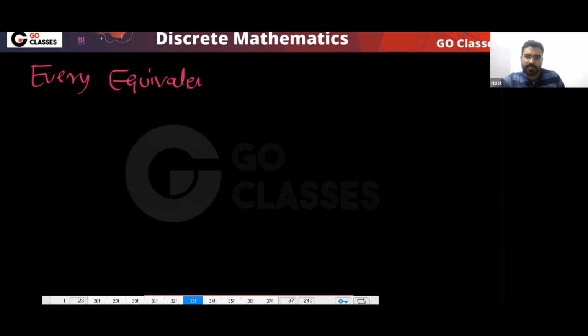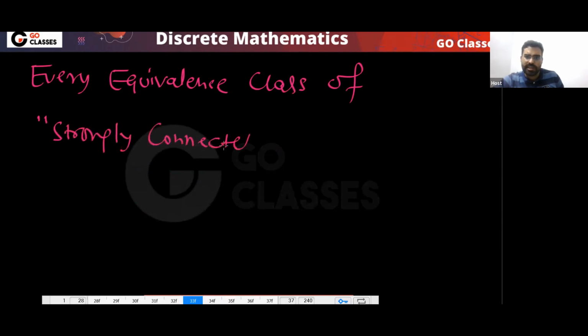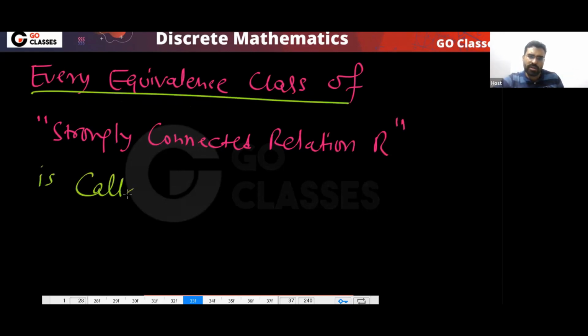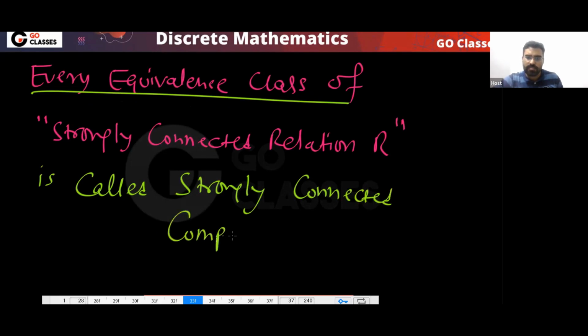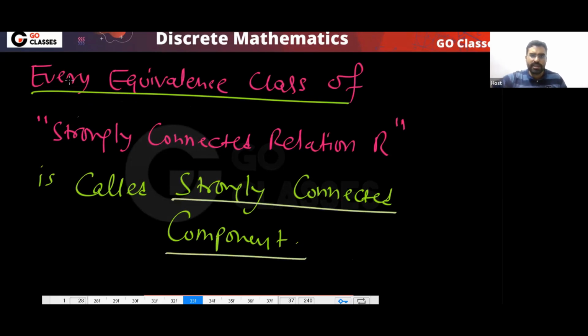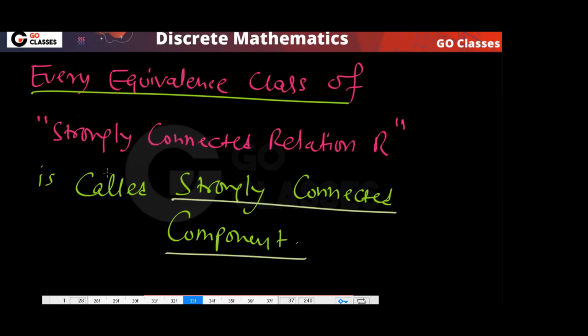Every equivalence class of this strongly connected relation that we have defined is called a strongly connected component. Don't worry, this will become clear with examples.